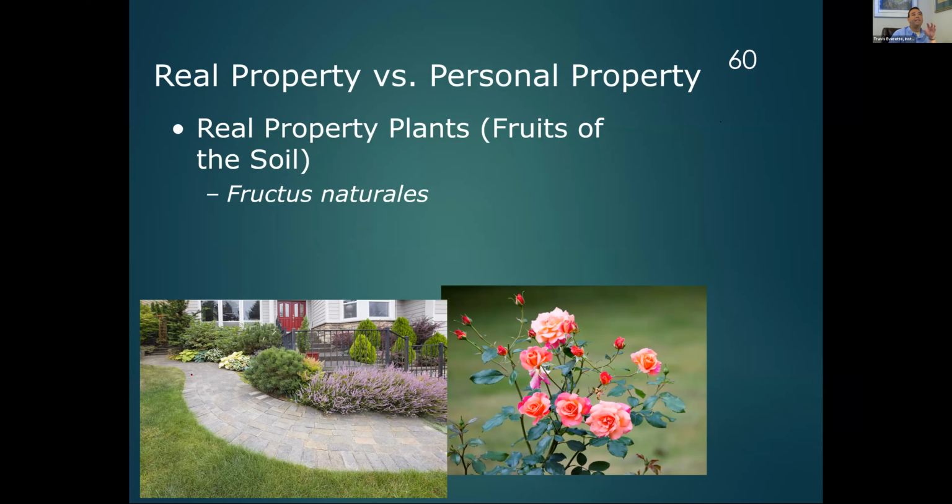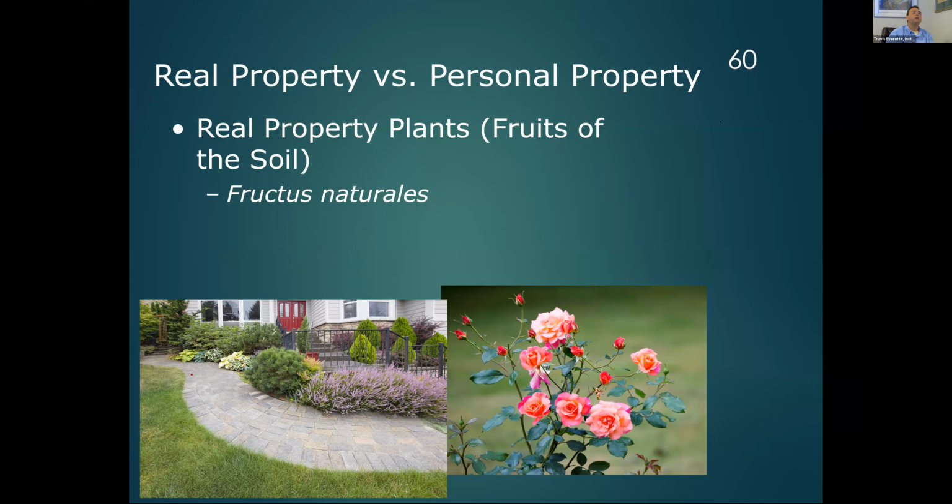If it's a plant that you have to plant year after year after year, it doesn't come back on its own, then it's personal property. Even if it's buried. So corn, you've got a garden out there. You're selling your property and you've got a 2-acre garden full of corn and beans and tomatoes and everything.